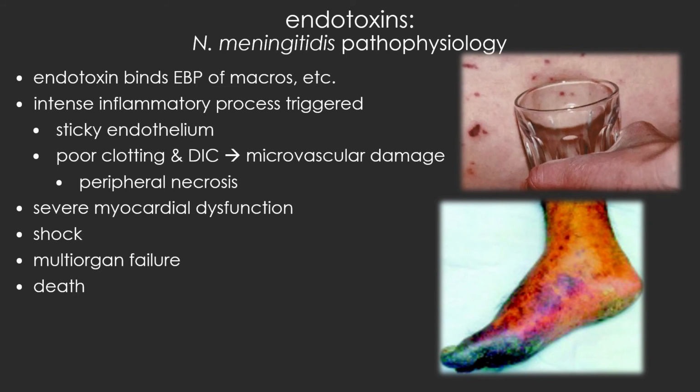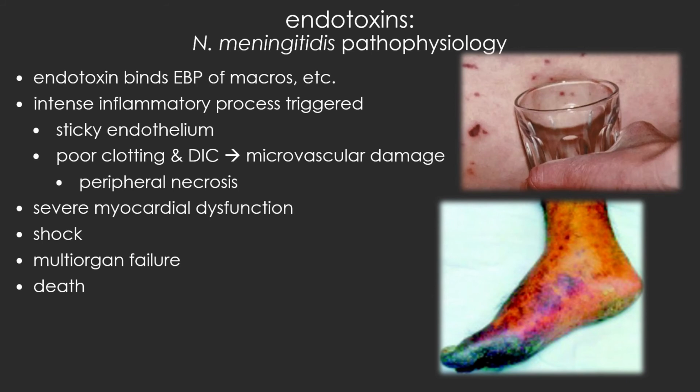So one endotoxin we want to talk about for just a few moments is the endotoxin produced by Neisseria meningitidis, whose pathophysiology begins with damage to endothelial cells, but can result in all sorts of damage and ultimately death. So this starts when the endotoxin binds to the endotoxin binding protein of macrophages and dendritic cells, and it causes an intense inflammatory process to be triggered, which causes the endothelium, the cells of the blood vessels, to become sticky.